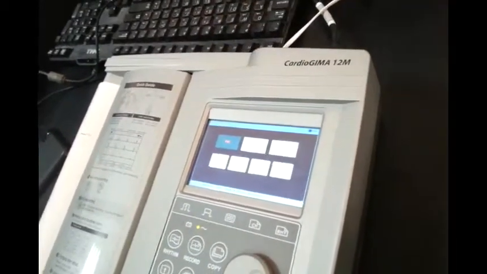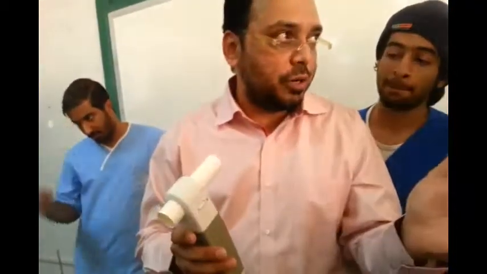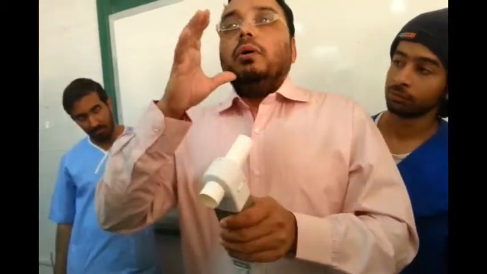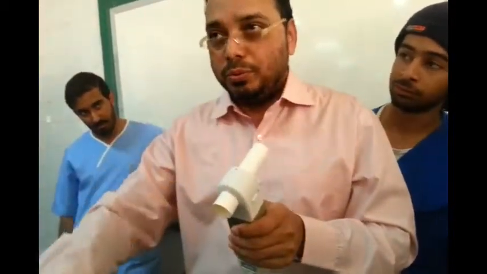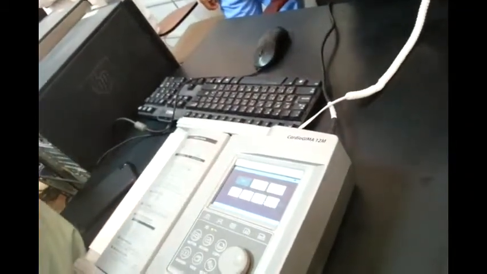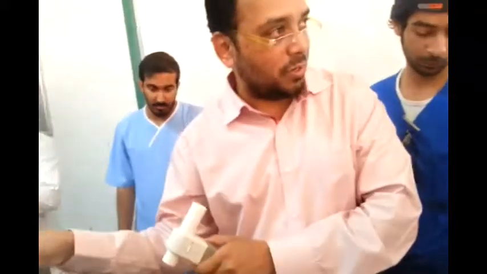SVC: you slowly carry out inspiration like vital capacity, the same. The only difference is there is no force here. Fill your lungs to the maximum. This is SVC, slow vital capacity: maximum slow inspiration followed by maximum slow expiration.